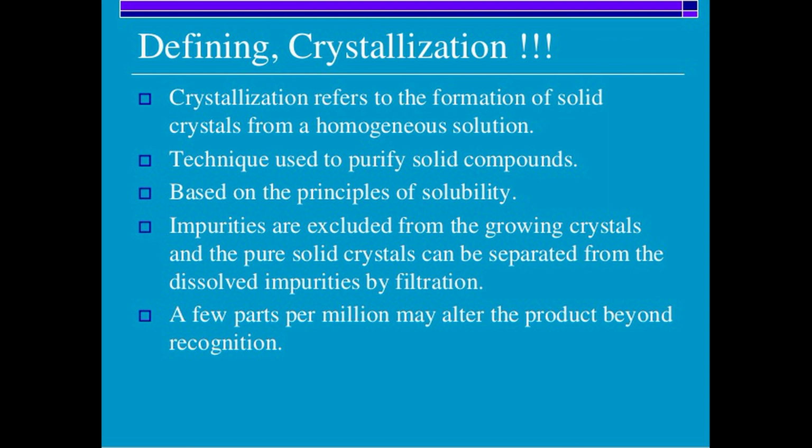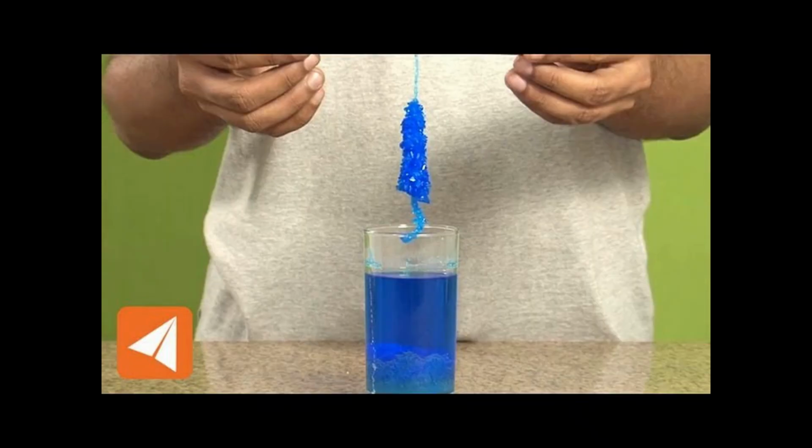You can see an experiment where copper sulfate is separated from copper sulfate solution. For that, take a cupful of water in a beaker and add a few drops of dilute sulfuric acid. Heat the water.